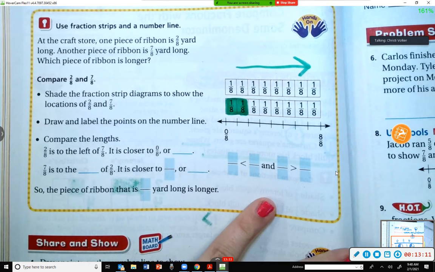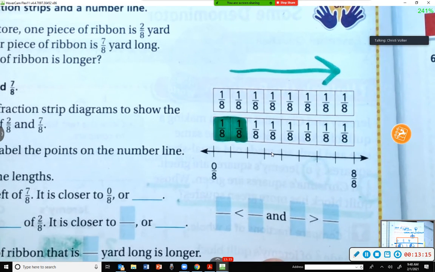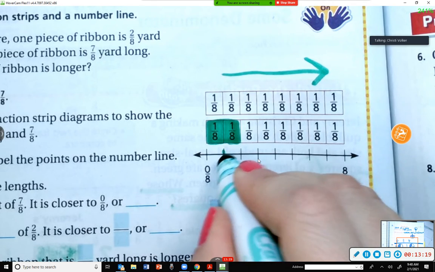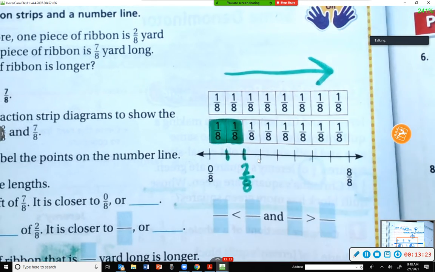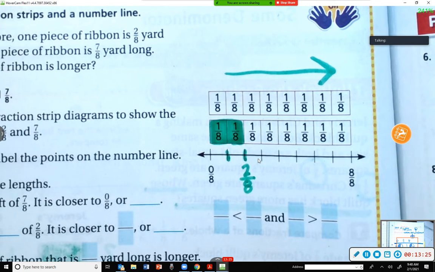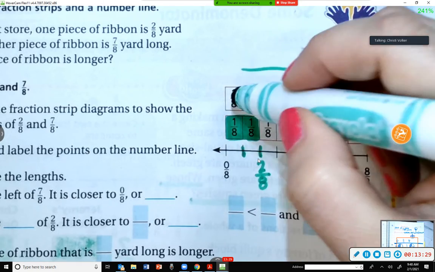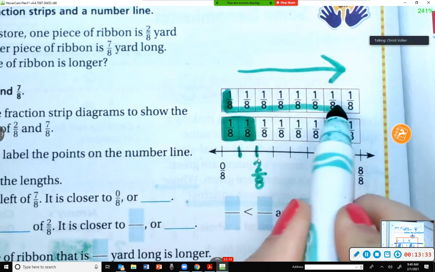And then let's label it on the number line. Where would 2/8 go on the number line now? The second line. Good, Kaylee. So this would be 1/8, 2/8. Okay, now 7/8. So I would shade all of them, right, except for 1.